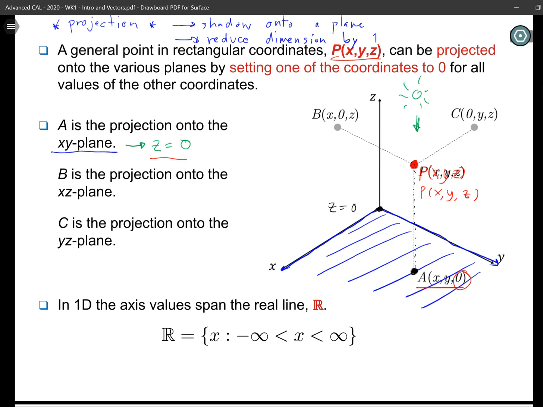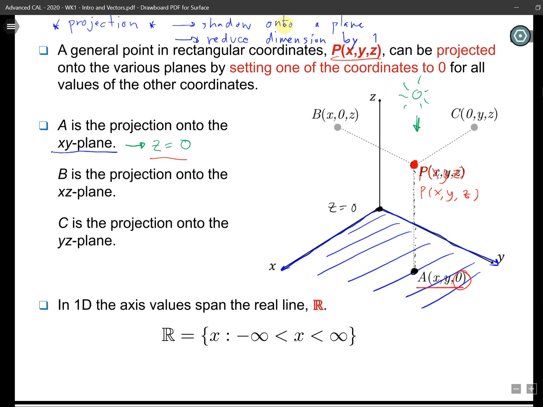Okay, now when z is 0, it means that it's eliminated from the coordinate system. It means that the values that matter are just x and y. So in other words, instead of having a point in the space, it becomes a point on a plane. The dimension of this point, well, it's projected down to just 2D.